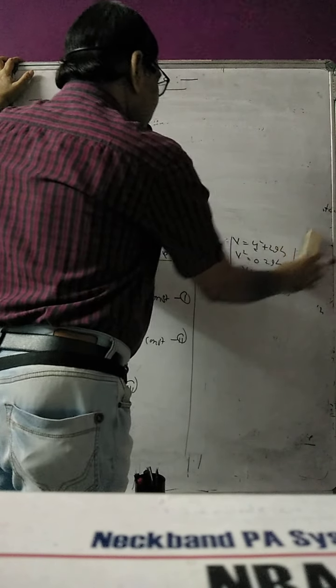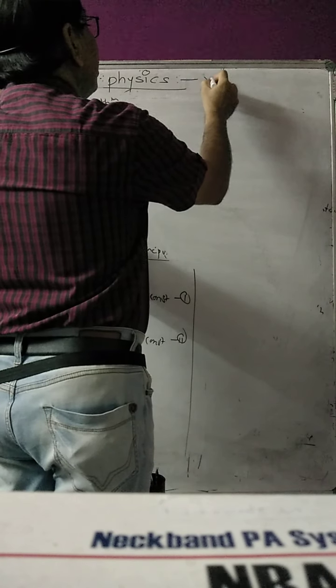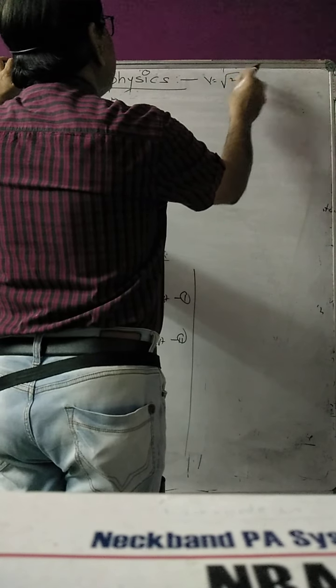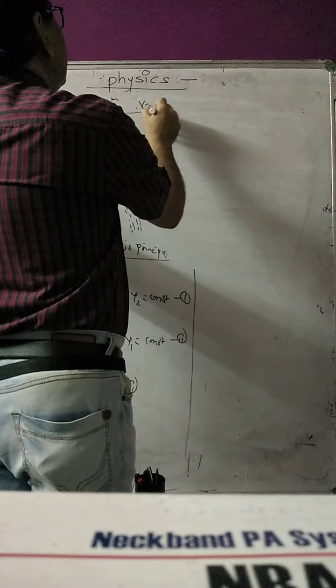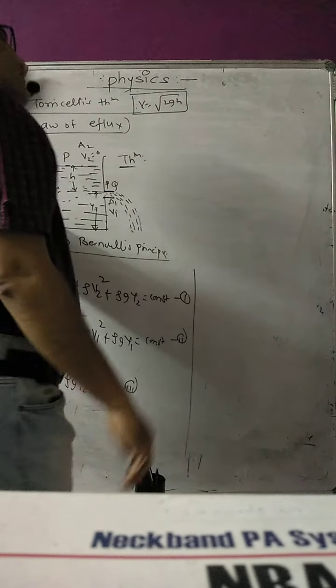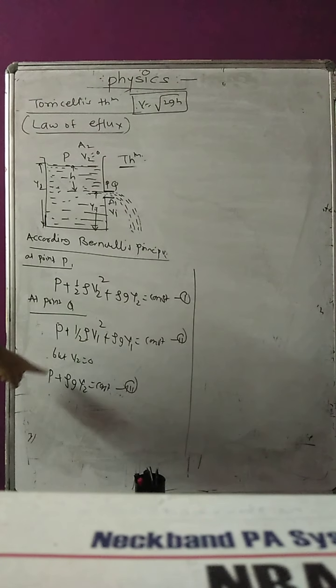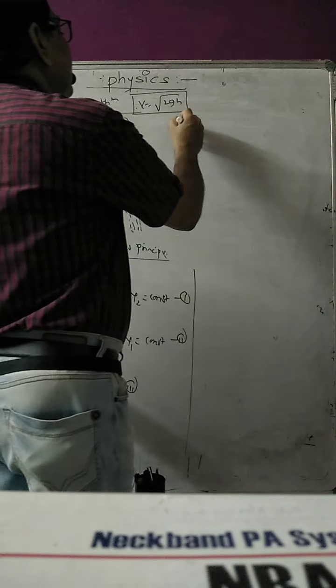Okay, आता मला ते इक्वेशन काढून ठेवायचे. आता मी इथे लिहून ठेवतोय. मला प्रूव्ह काय करायचंय? V is equal to root 2 times G H, Torricelli's theorem. Velocity of a liquid which is flowing through that orifice will be root 2 times G H. हे प्रूव्ह करायचं याच्यावरनं. आता मी काय केलं, आता दुसरा आणि तिसरा इक्वेट करतो.